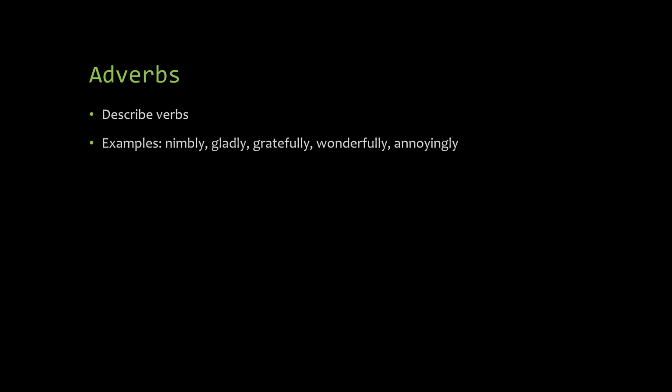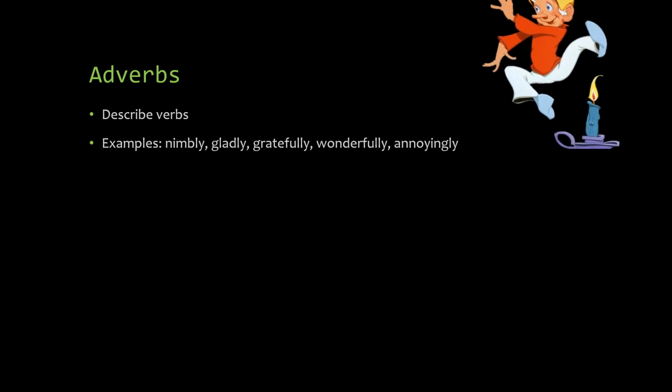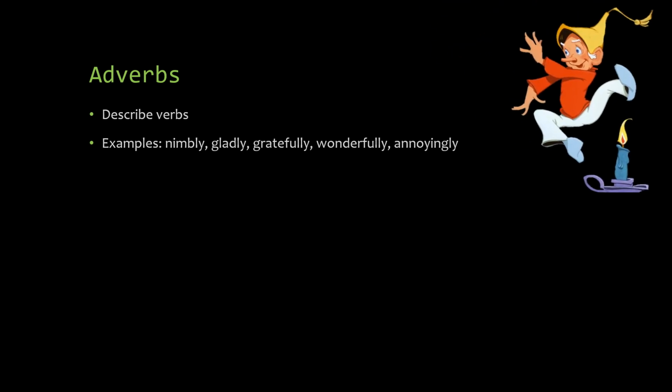So if I give you an example here, the word nimbly, the very first word that you see there, in the adjective form, if you're describing a person, what we have here, this little cartoon fellow up here at the top, this comes from an old nursery rhyme. It says, Jack be nimble, Jack be quick, Jack jump over the candlestick. So Jack is this fellow here, and we're describing him as nimble.